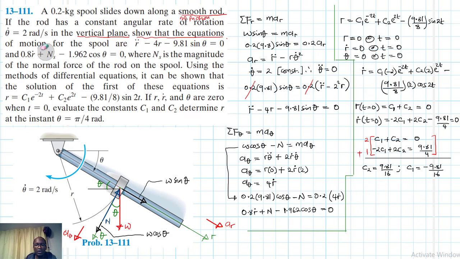Right, so let's write this function. And when you look at this particular function, it has some hyperbolic functions in it.